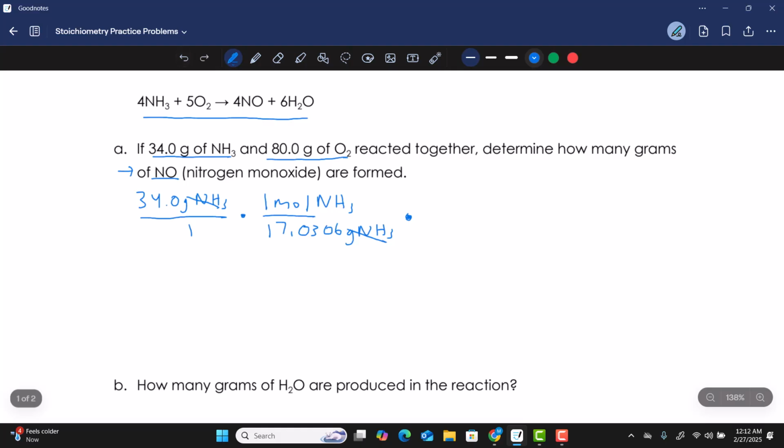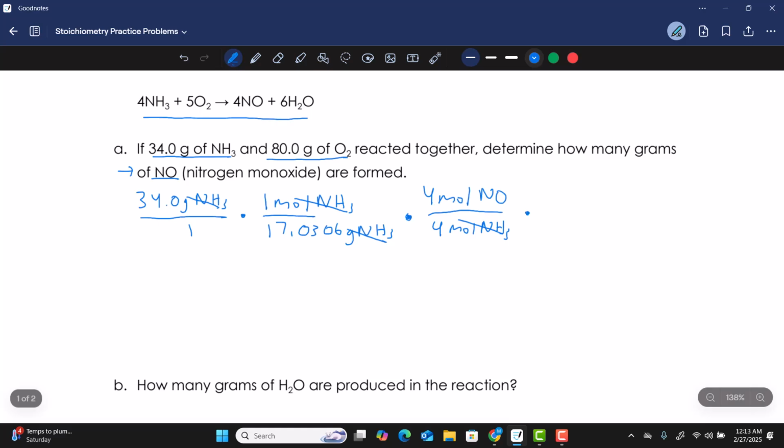So it'd be 4 moles of NO, which is just a coefficient that's before NO, over, we want the moles of NH3 on the bottom since the moles of NH3 are already on the top. So we would have also 4 moles of NH3. So that means that the moles of NH3 can cancel.